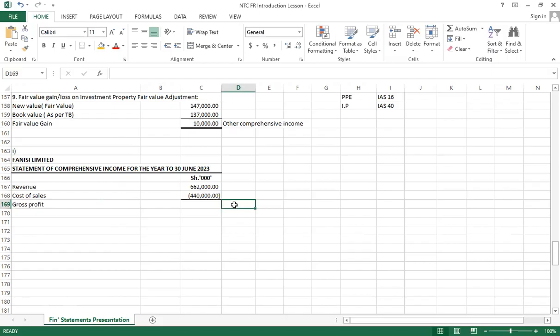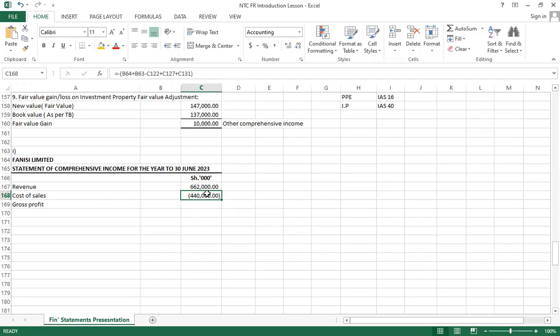Do not come to this P&L and start showing your cost of sales separately, with opening stock, purchases and closing stock. You'll get a zero, even if those figures are correct. We only need one figure for the cost of sales here. The published financial statements are normally very summarized financial reports. That means you cannot afford to have breakdowns. All you need are the final figures, like now for the cost of sales, I'll be looking for this final figure.